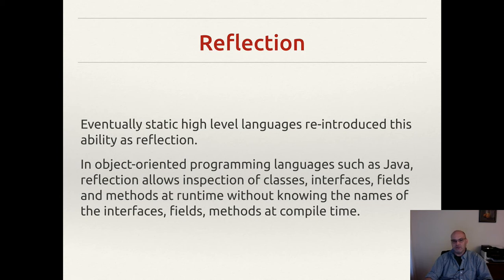Reflection allows us to inspect classes, interfaces, fields, and methods at runtime without knowing the names of those things. And this might sound a little hard to digest, and I hope it doesn't, but what I'm going to do is, after we go through the terms here, dig in with actual code. I have that GitHub repository I mentioned before, and we're about to dig into it shortly.